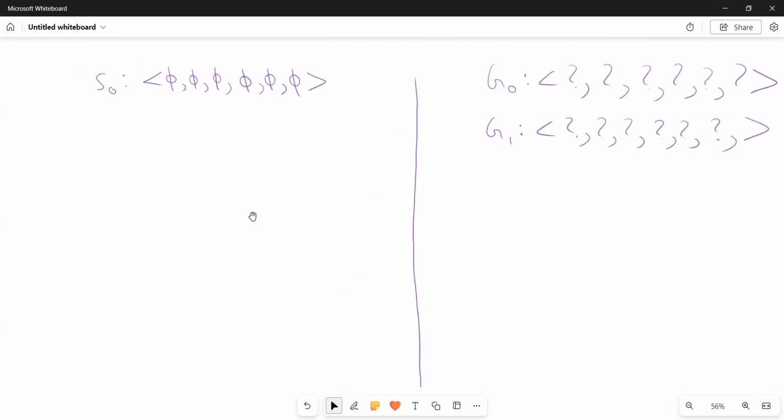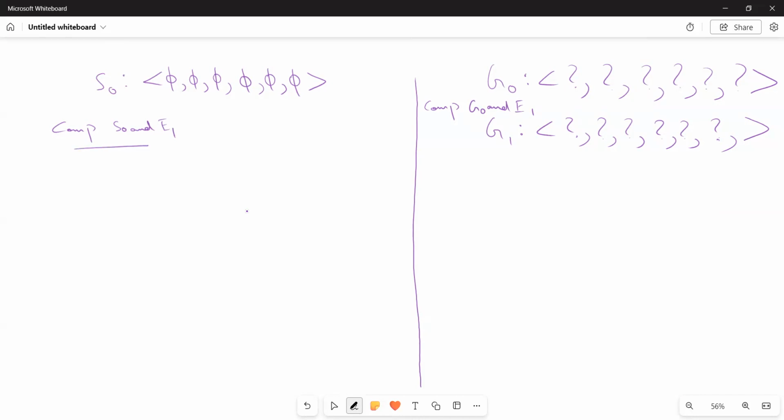And now after which we are going to compare, you can just write it down here: you have compared G0 and E1. Here we are comparing your specific hypothesis and example one.